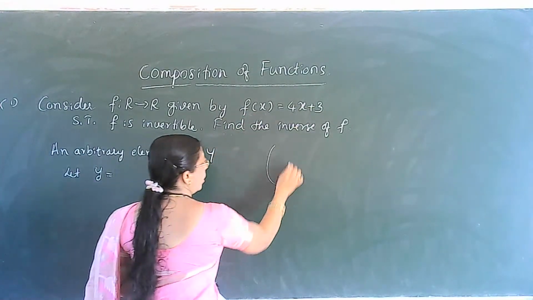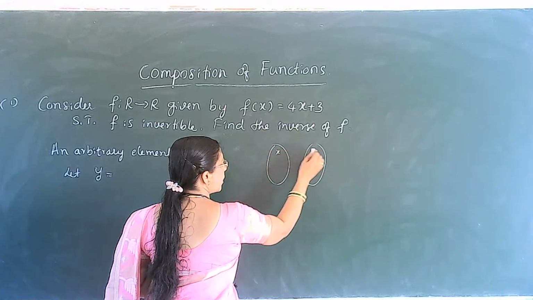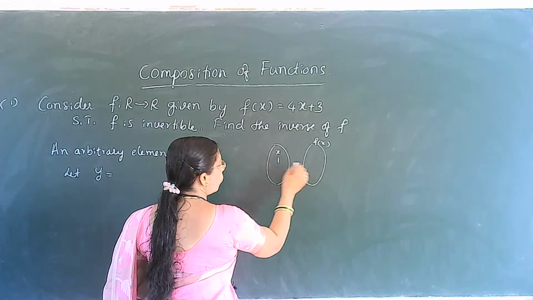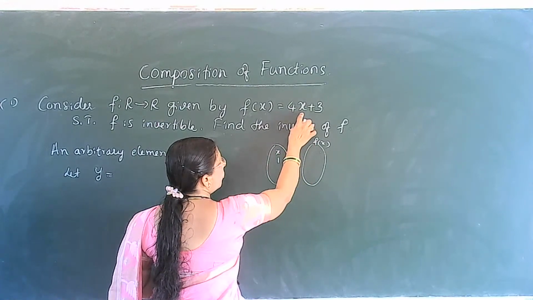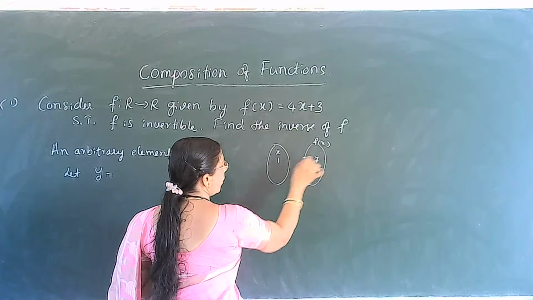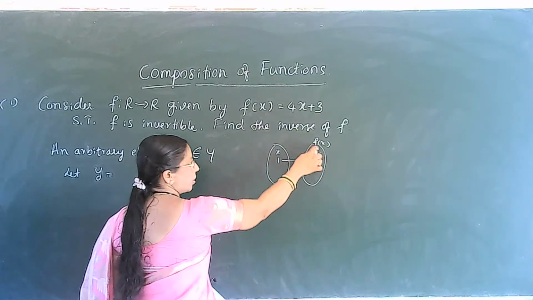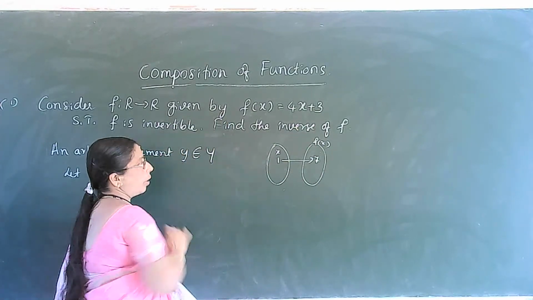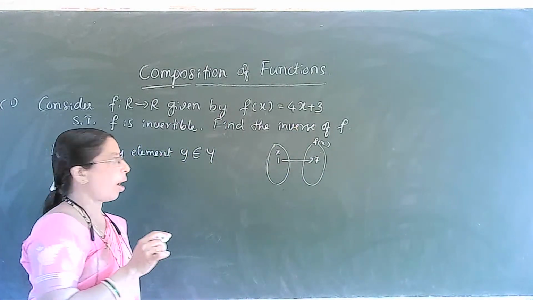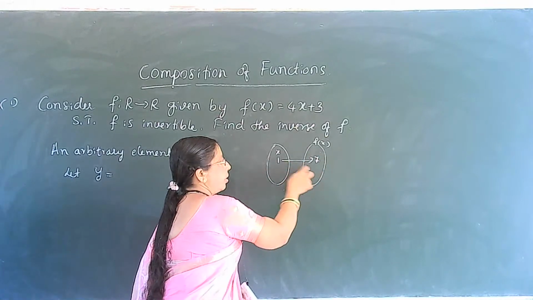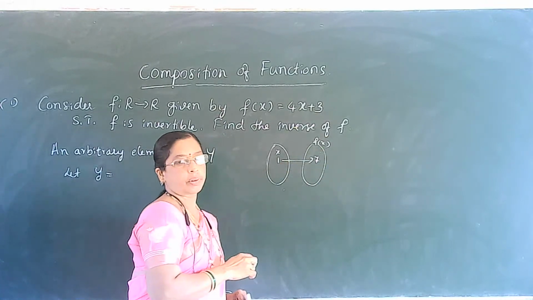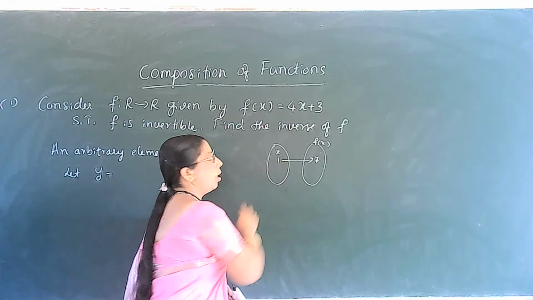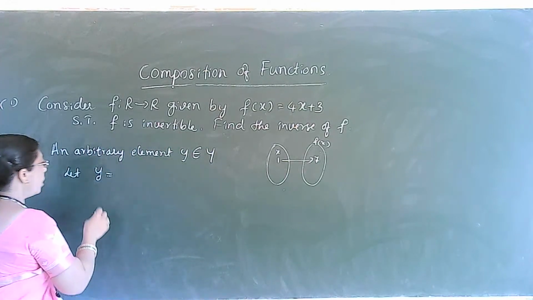You already know about the function. If x equals 1, then 1 into 4 plus 3 is 7. That is f of x. The domain is the elements of R, and the range is f of x with respect to the elements of the domain.